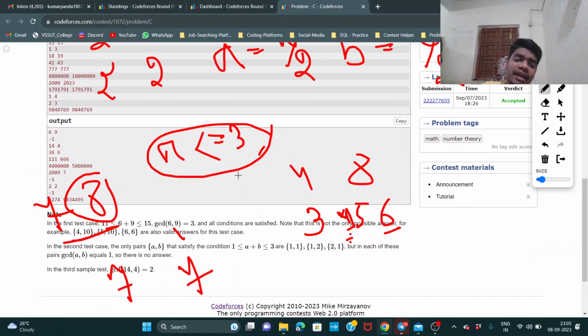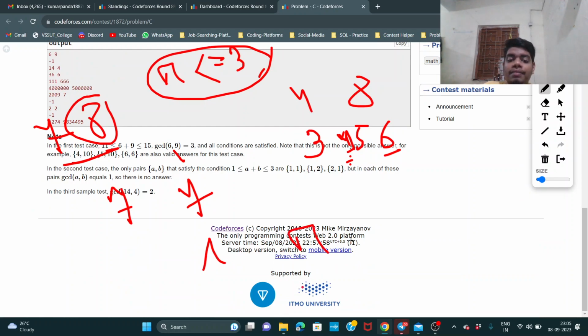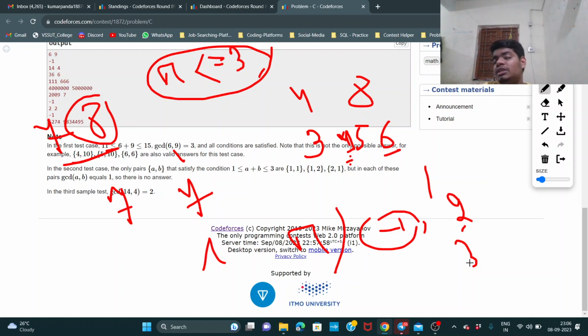And in that case, if our range is less than or equal to 3, range meaning we have L and R, if the R value is less than or equal to 3, then just print -1, because we cannot divide 1 into 2 positive integers, and we can divide 2 into 2 positive integers, but the GCD of these two integers is 1. And for 3 we can divide it into 2 integers, but the GCD won't be greater than 2. So just print -1 in that case.